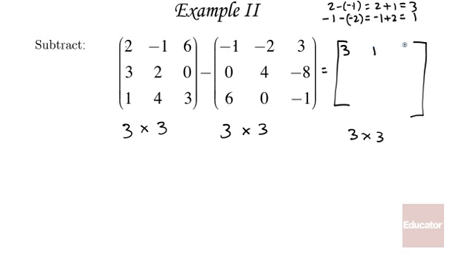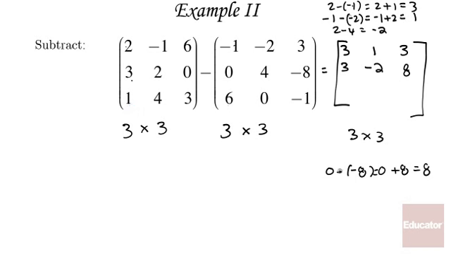Here I just have 6 minus 3. That's 3. 3 minus 0. That's 3. 2 minus 4 is going to give me -2. 0 minus -8, so working down here, 0 minus -8 is going to be 0 plus 8, which equals 8 in this position.